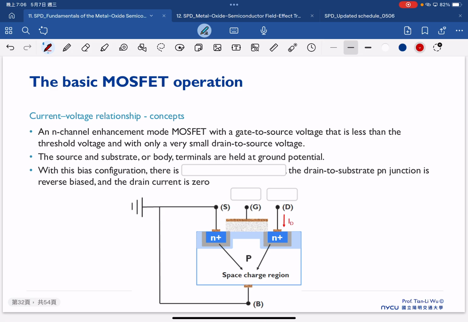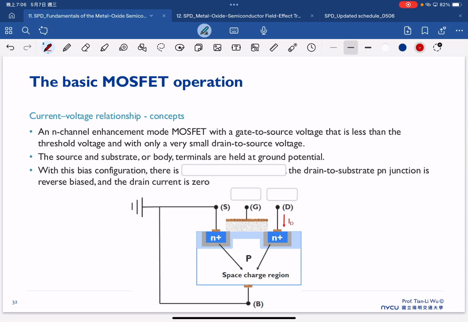Okay, so now we have the physics-based understanding of the MOSFET operation. We have already briefly talked about the way to form the MOSFET transistor and what the typical ID-VG characteristic looks like.